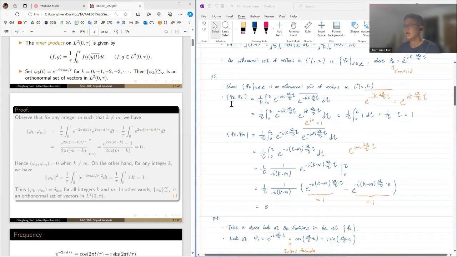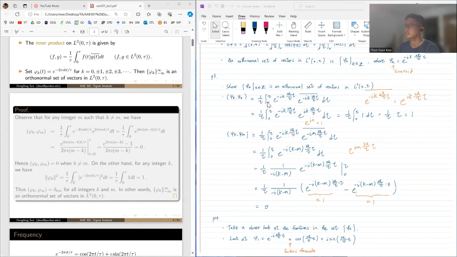First, let's look at the inner product of psi k and itself. According to the definition, the inner product of psi k and itself will equal 1 over tau times the integral of e to the negative ik times 2 pi over tau times t, times the complex conjugate of e to the negative ik times 2 pi over tau times t.